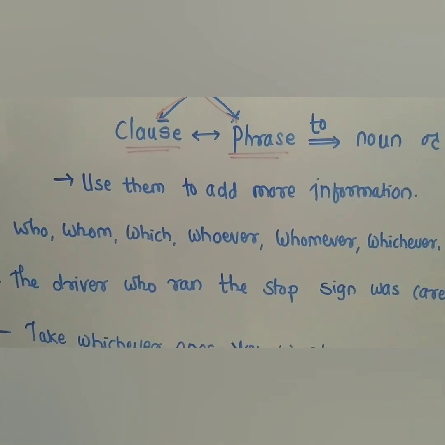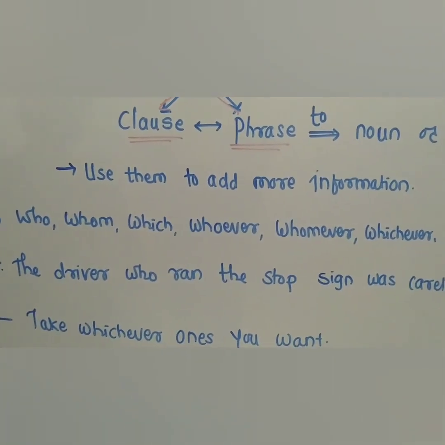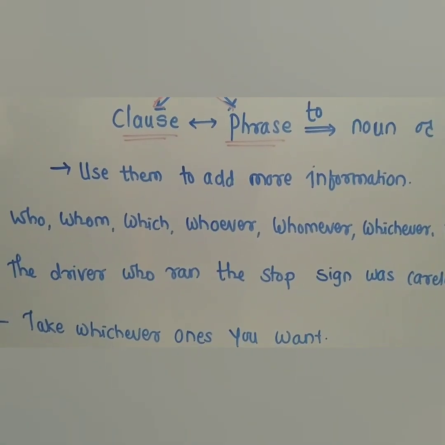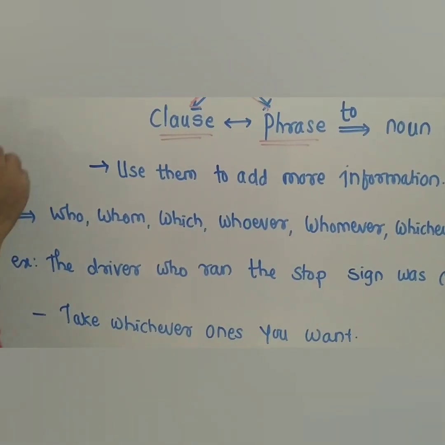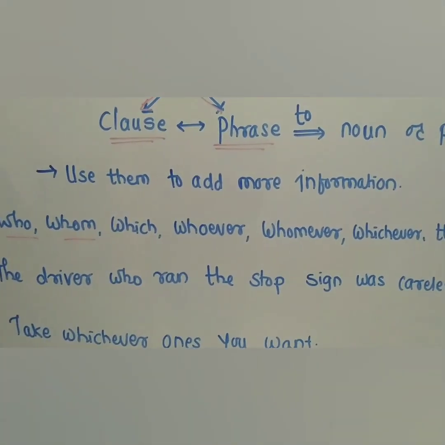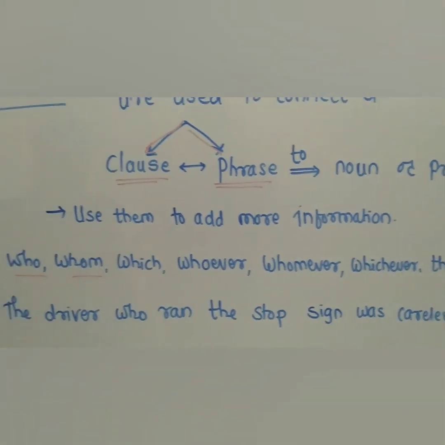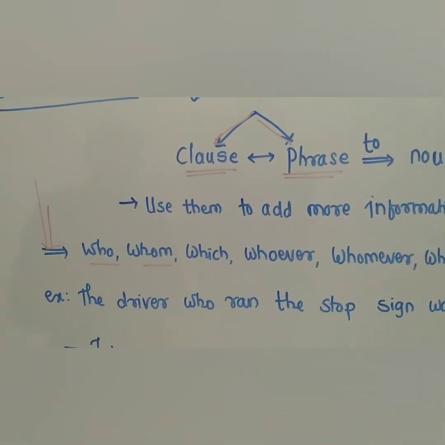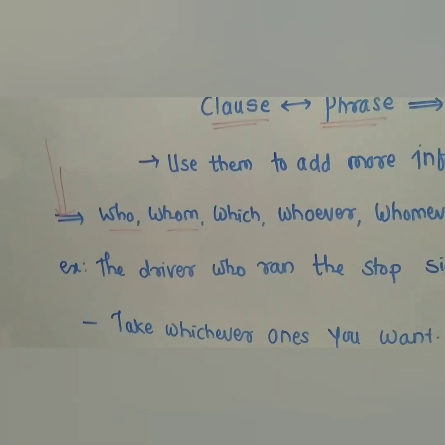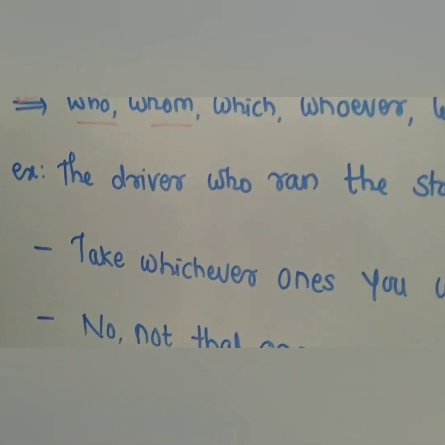So if you want to add some new information, that time we use relative pronouns. Relative pronouns are: who, whom, which, whoever, whomever, whichever, and that. This is the list of relative pronouns. Now see the examples and identify the relative pronouns. With the help of the list, we can easily identify them.